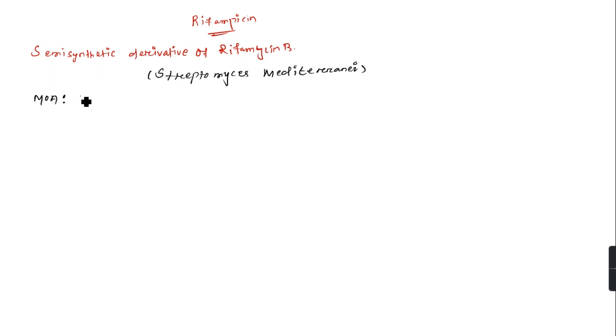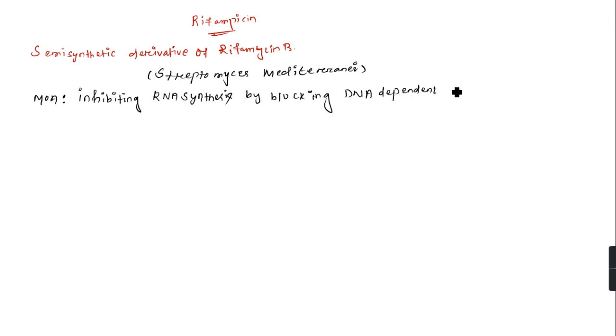Its mechanism of action is very important. It acts by inhibiting RNA synthesis. How does it inhibit? By blocking the DNA-dependent RNA polymerase enzyme.